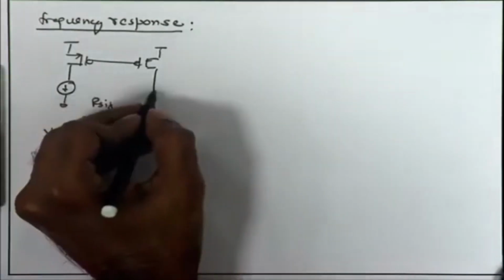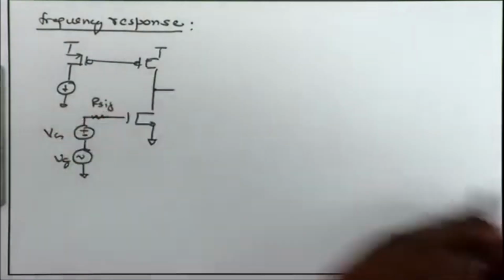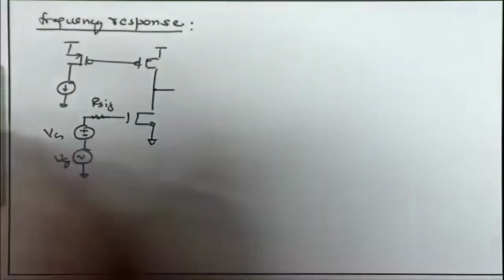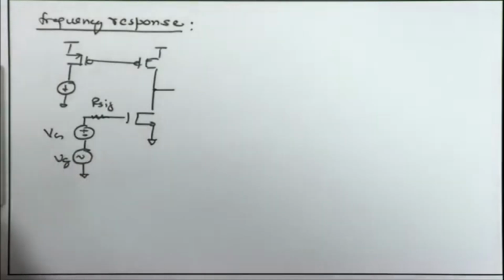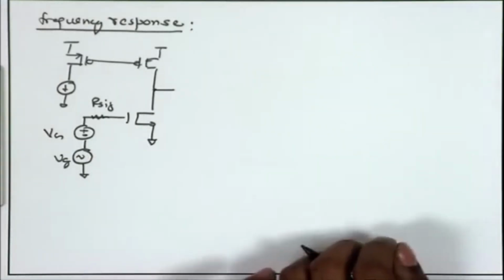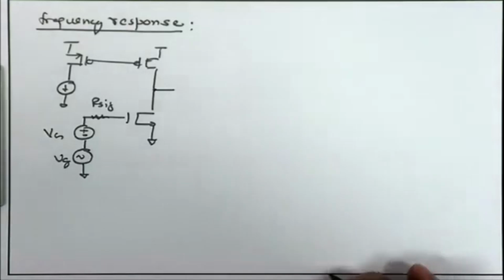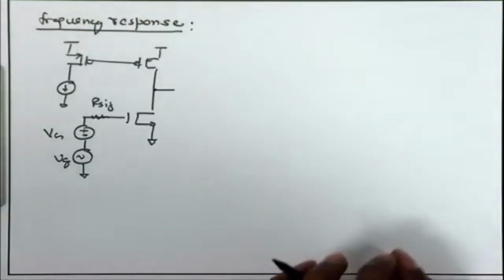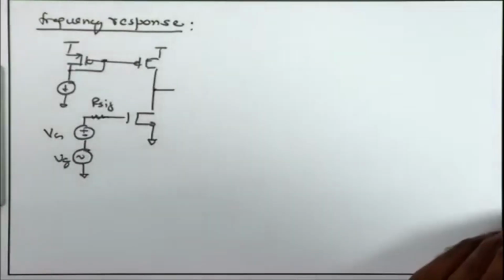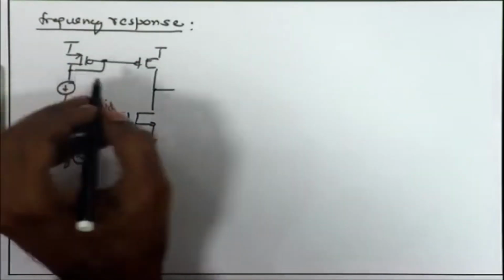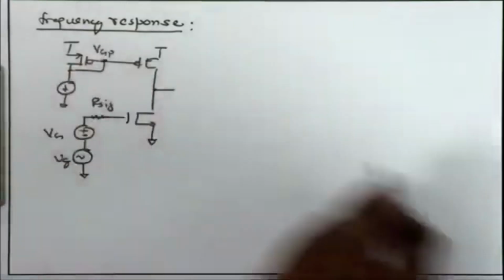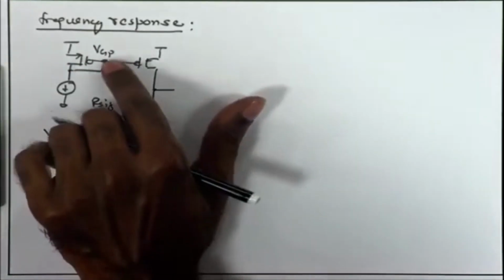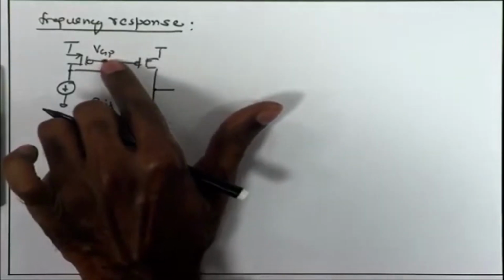Now, in this case how do we find out the frequency response, the high frequency response? For that, we have seen yesterday the shortcut to do this is to find out the RC time constants at the circuit nodes. So, in this circuit we have already seen that this VGP is a constant, a DC value ideally. So, I can comfortably treat this as an AC ground.